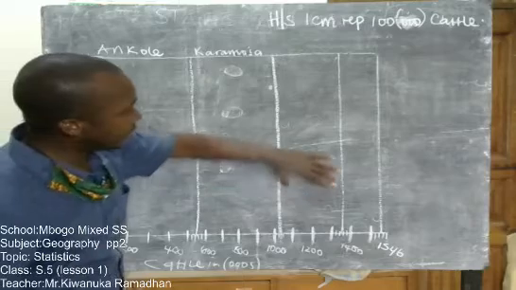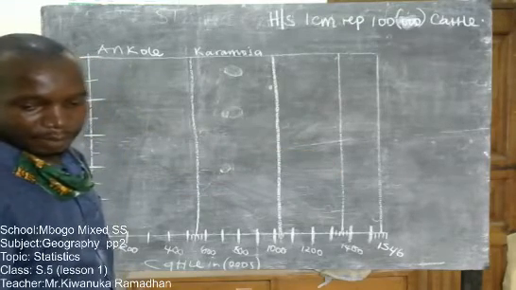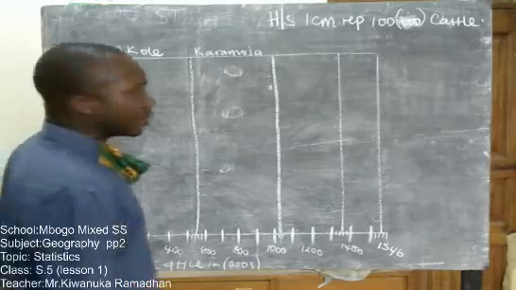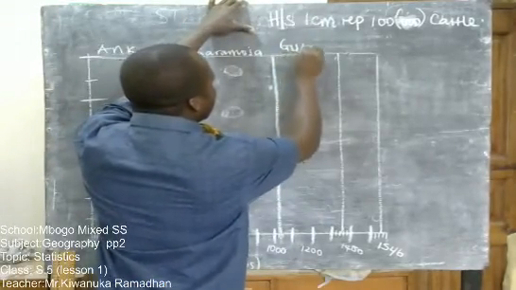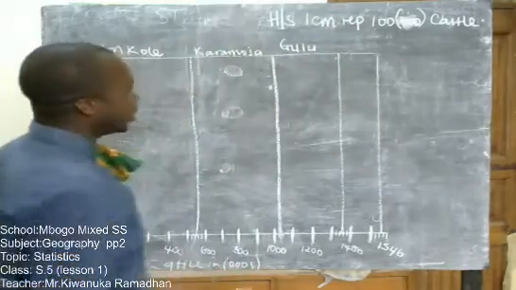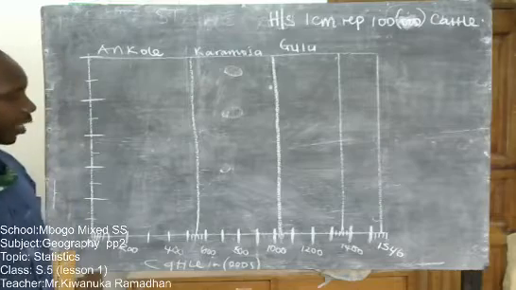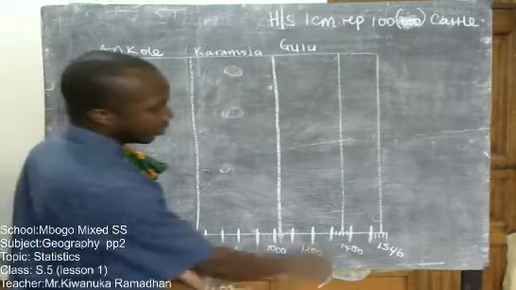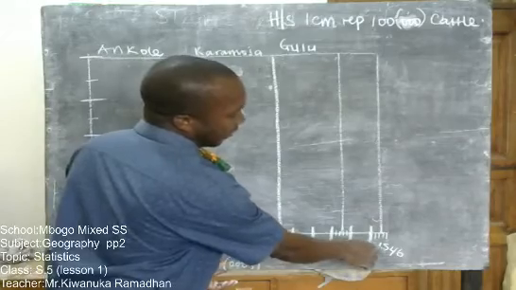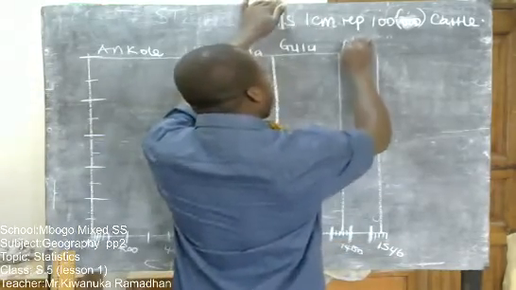And this is now our Gulu. The last one is obvious. That is our Kotido, which is 1546.